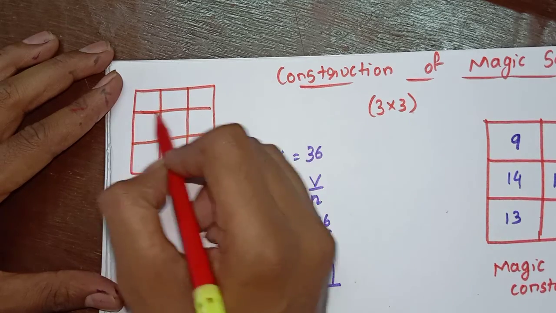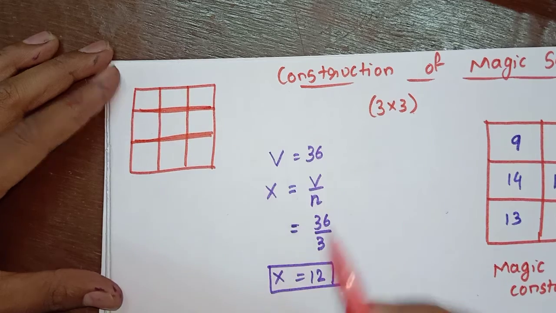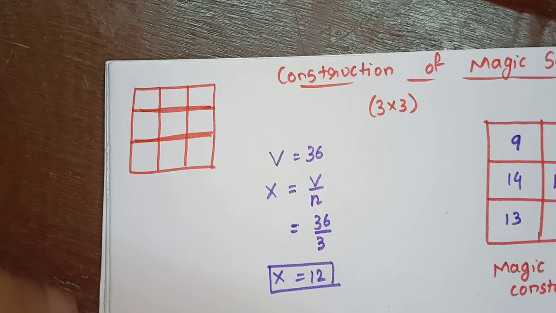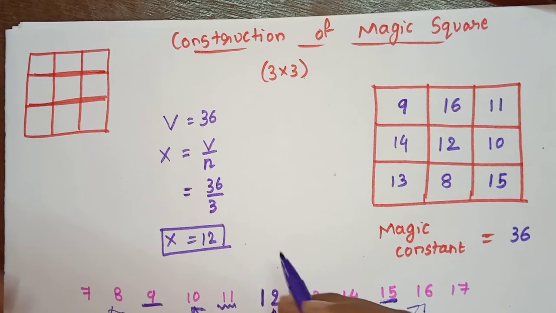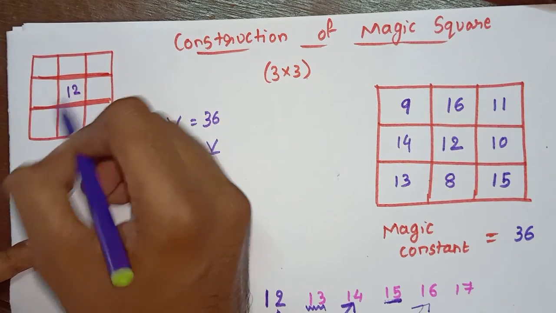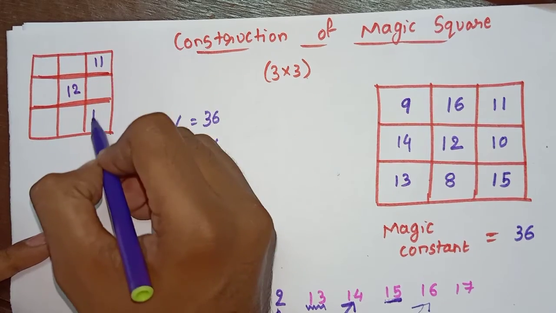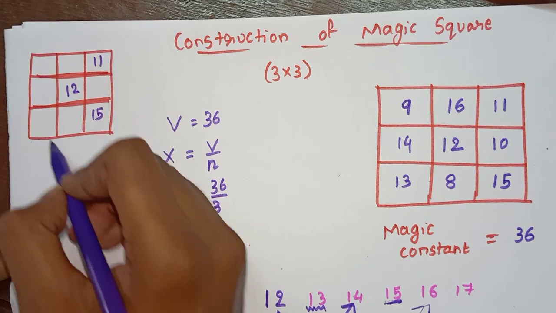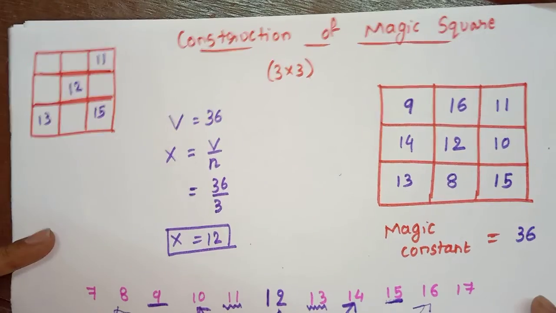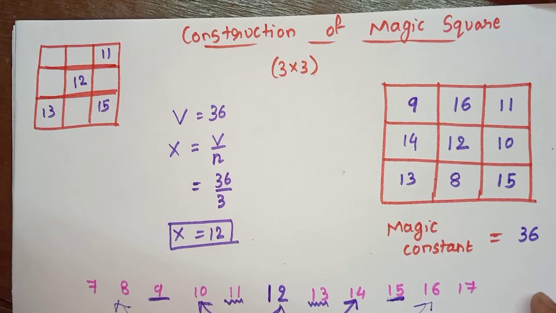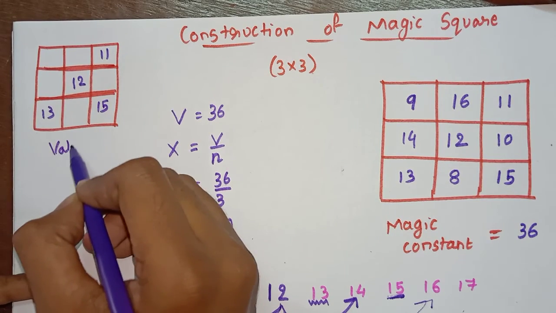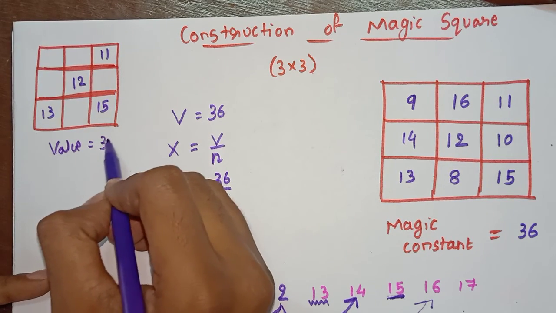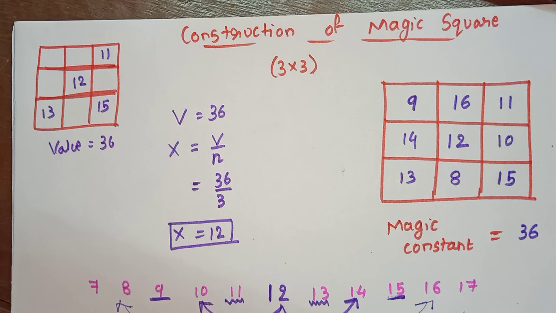Even if you are a teacher, you want to give students a stencil like this, and out of these 9 boxes you randomly write any numbers, like suppose 12, 11, 15, and 13 here. That's it. You give this much content to them and tell them to find the remaining such that the magic constant is 36. Then they will try their best.